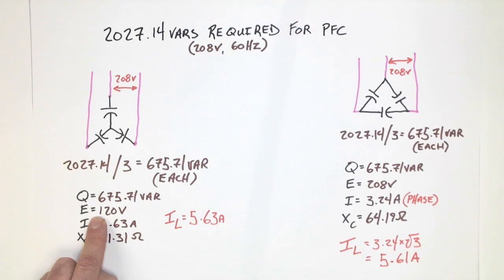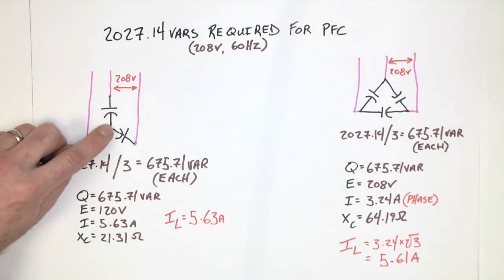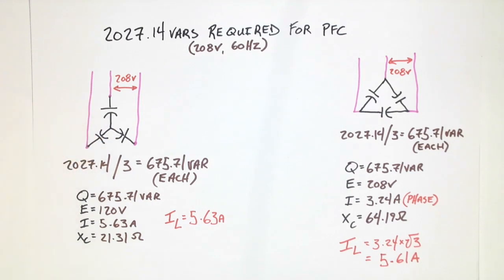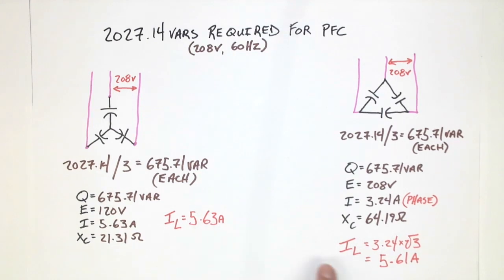Voltage, remember they're connected in Y, so even though we have 208 volt line, it's 120 volt phase. 120 divided by 5.63 amps gives me 21.31 ohms. And again, drawing your attention back, the I line equivalent to the I phase is exactly the same line current that we would expect if we were to connect it in delta.